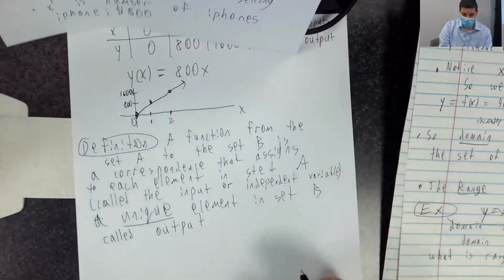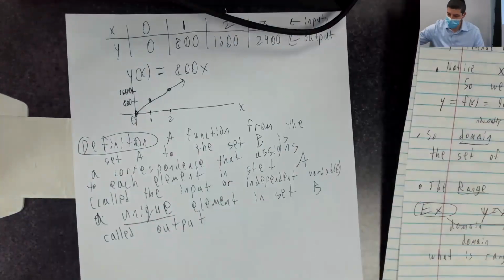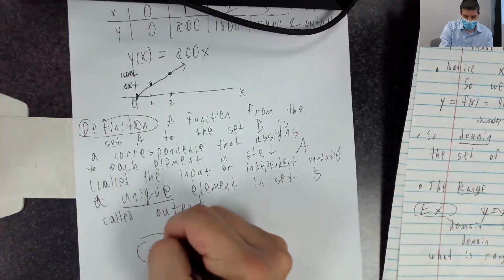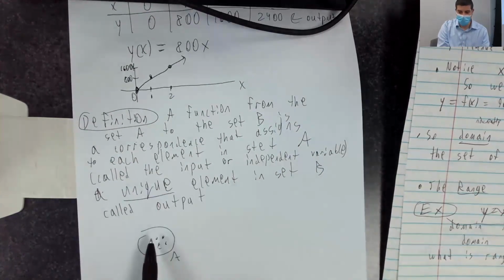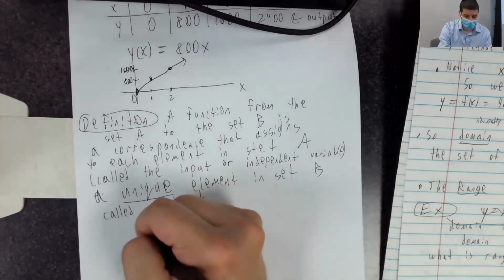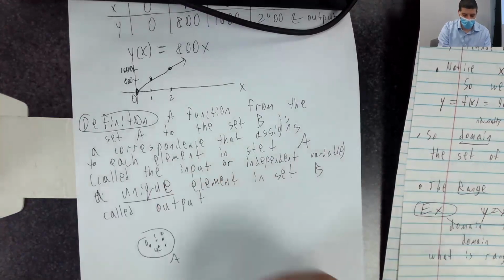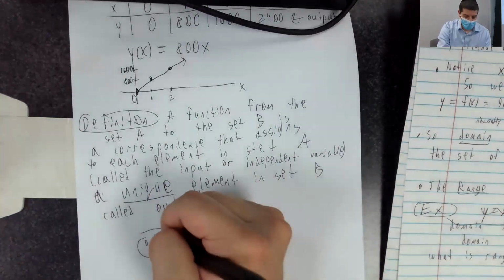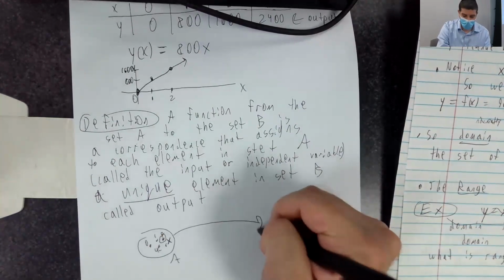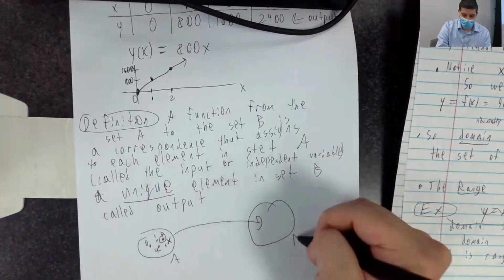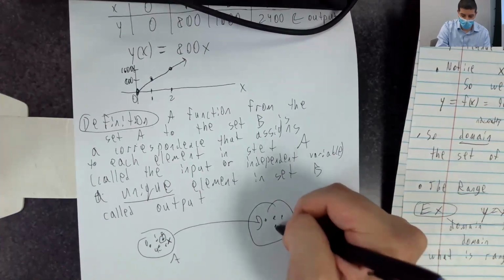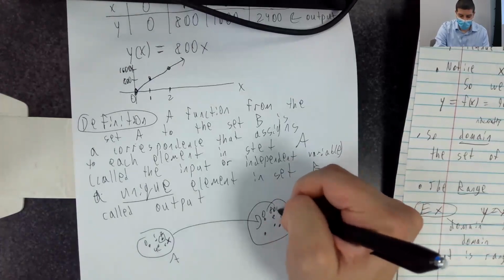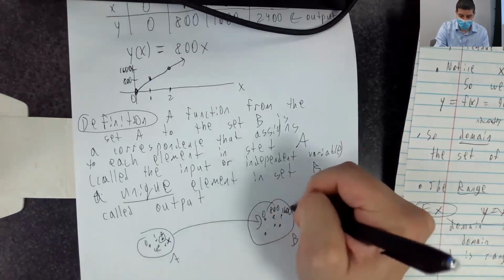Okay, so here, set A is all the different X's, the number of iPhones, like 0, 1, 2, 3, 4, 5. These are all the X's that we could input. And we take one of the X's, and there's a set B of all the outputs. In the iPhone example, the possible outputs were 0, 800, 1600.